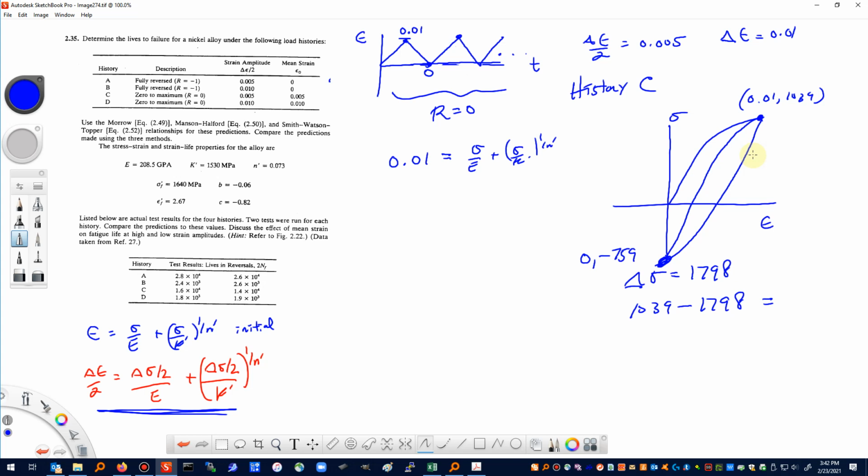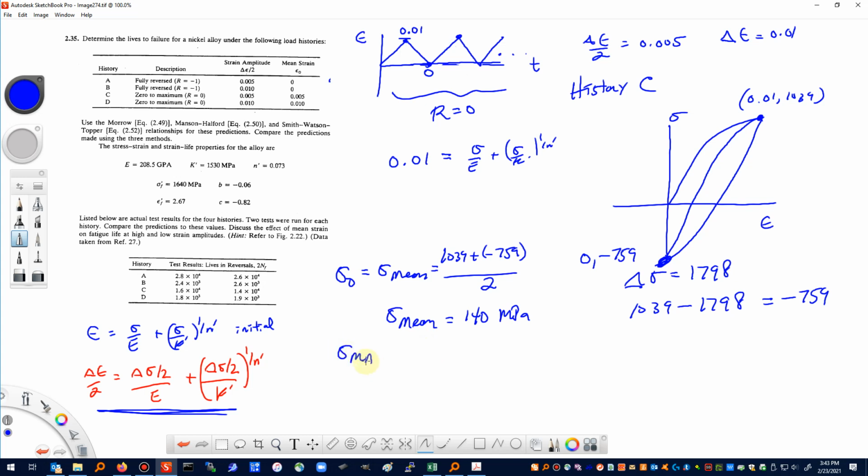Let's calculate our mean stress. It's 1039 plus minus 759 divided by 2. I get a mean stress of 140. Our stress range is 1798.